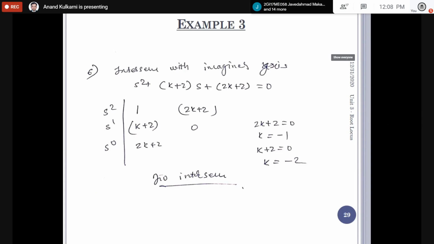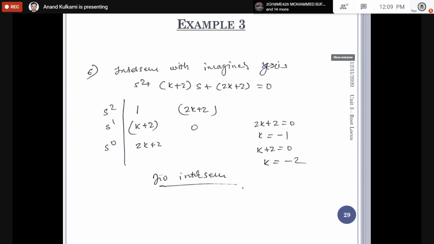So what does it indicate? That means you are not getting any feasible values of k in the system. Feasible values of k will be only positive, that is anything between 0 to plus infinity. So k has to be always positive. Then only we are plotting the root locus.